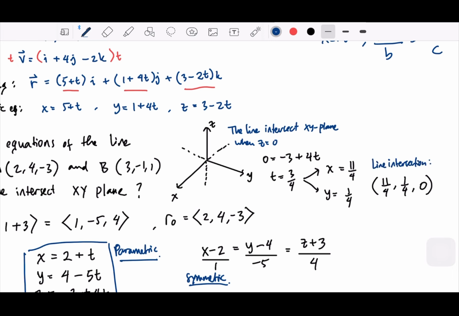Because frequently we just need some descriptions, not really the entire line. So we are just focused on the line segment.